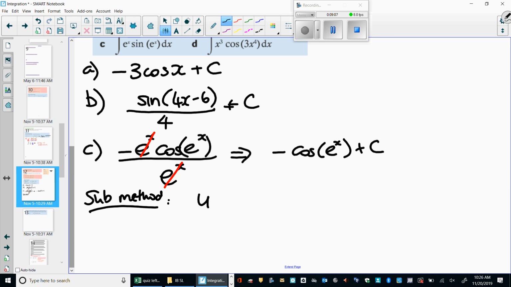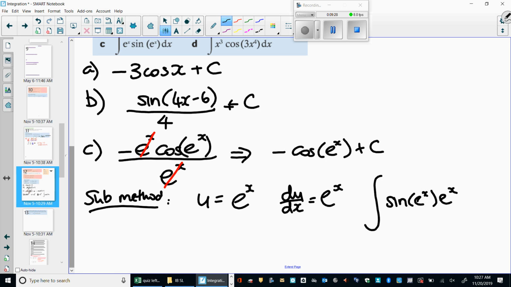So, the substitution method. We're going to let u be e to the x, so then du dx is e to the x. Let me change the order. Sine e to the x dx is our original question.